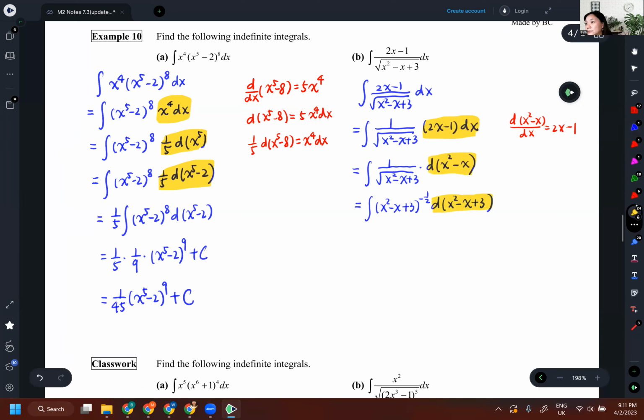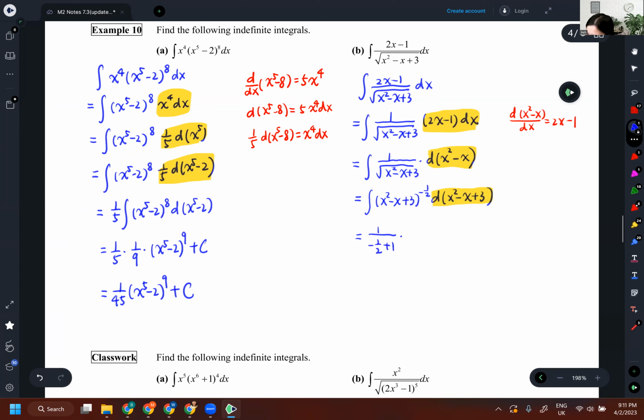And then I can do my integration. In the end, it's 2 root x squared minus x plus 3.